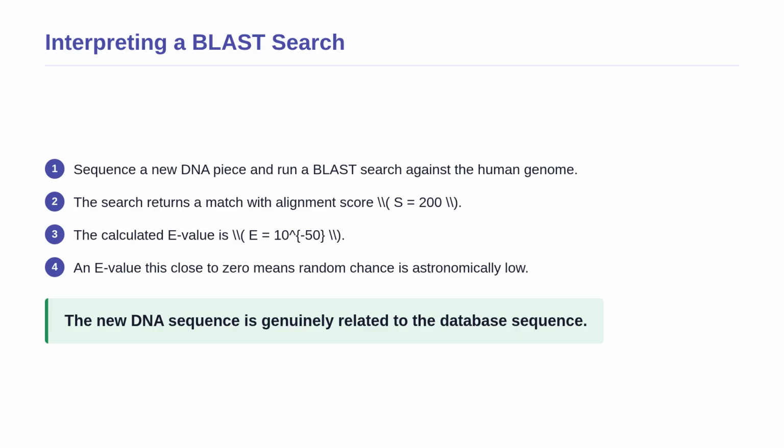An e-value of 10 to the negative 50 is practically 0. It tells you that the probability of finding a match this good by pure random chance is astronomically low. Because it is so close to 0, you can confidently conclude that your new DNA sequence is genuinely related to the one in the database, likely sharing a common evolutionary ancestor.